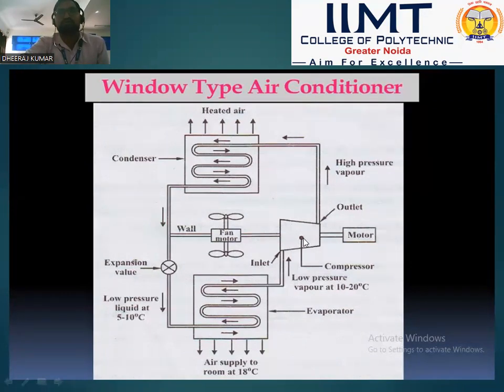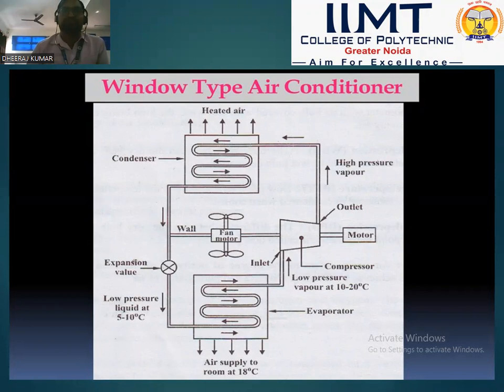The compressor sucks the refrigerant from the evaporator and it is compressed reversible adiabatically. Pressure and temperature are increased. High pressure and high temperature refrigerant is supplied to the condenser. Sensible heat and latent heat are rejected by the forced convection method and the refrigerant quickly condenses.